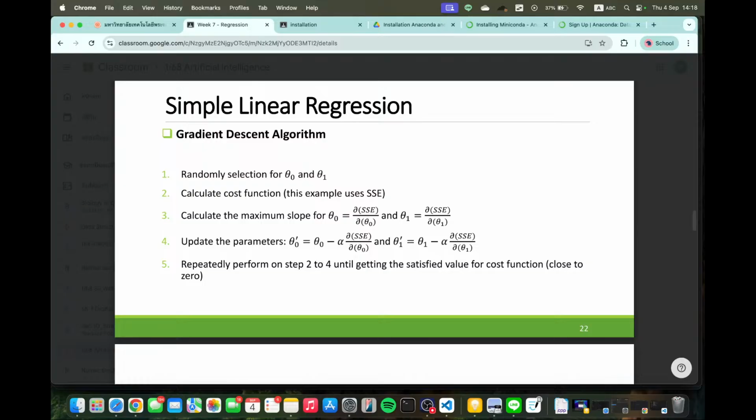This one comes from the gradient descent step for theta 1. For theta 0, it is a similar thing, but you just change this one to theta 0.